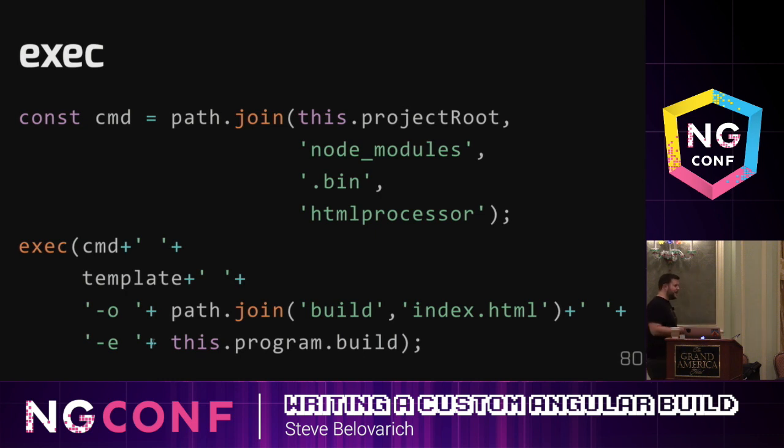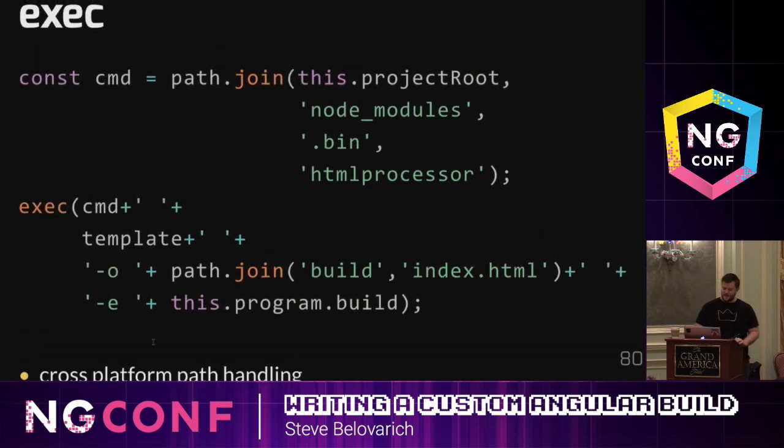But that is not cross-platform. So the HTML processor tool is not cross-platform by default. Not all node modules are. So you have to do something like this, where you use path again to join the path to HTML processor. So on Windows, we'll get our forward or backslashes or forward slashes, whatever they are.